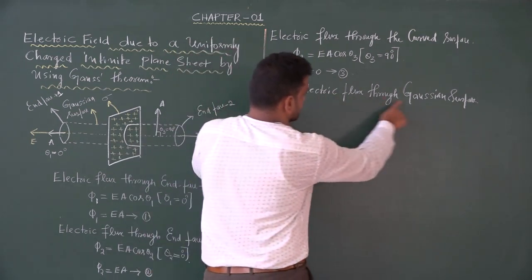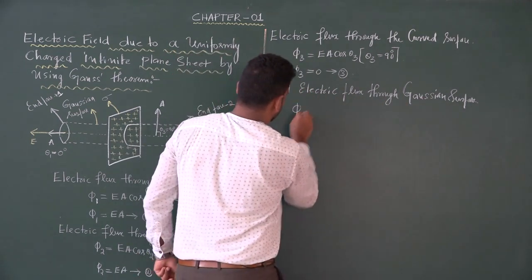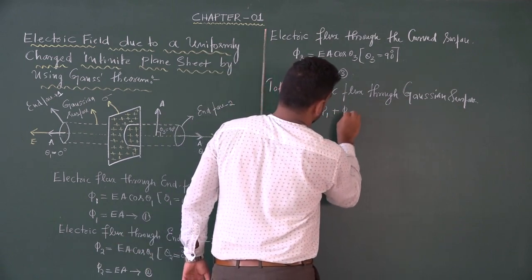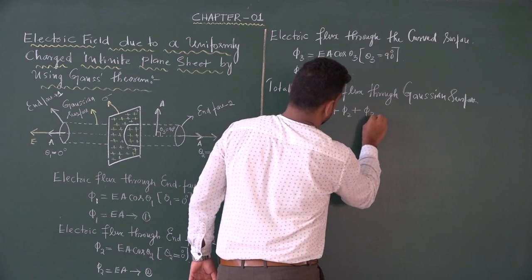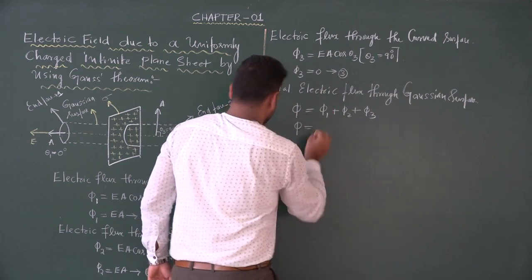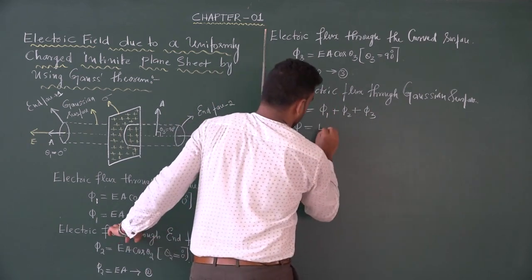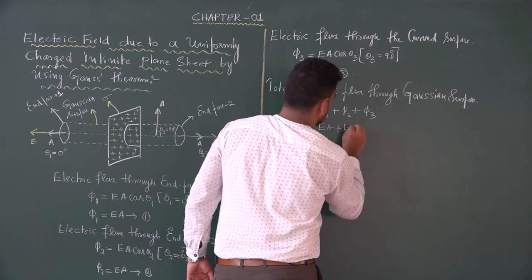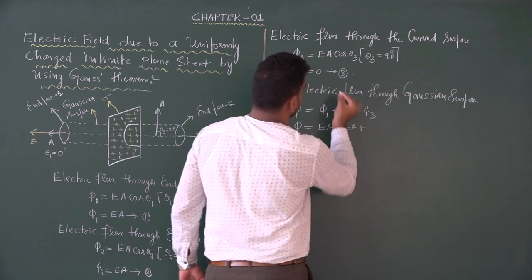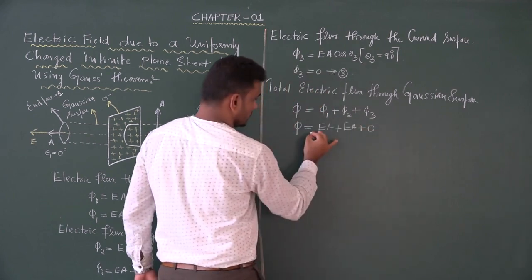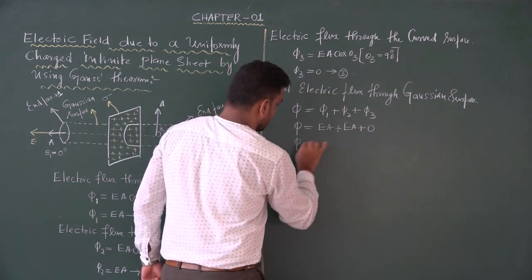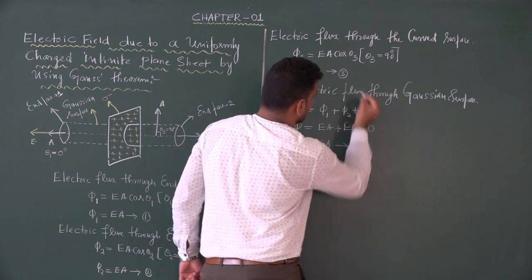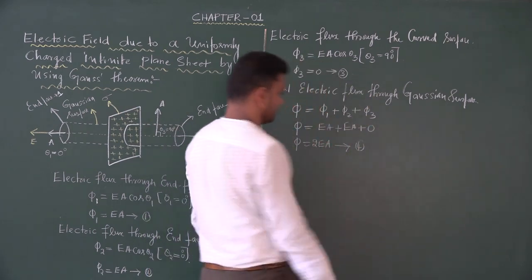Total electric flux through the Gaussian surface, phi is equal to phi 1 plus phi 2 plus phi 3. What is phi 1? We have E into A, plus phi 2, E into A, plus phi 3, which is 0. So EA plus EA becomes phi is equal to 2 into EA, equation number 4.